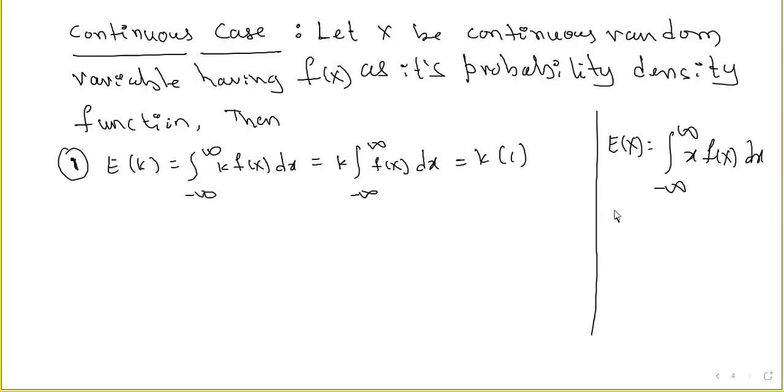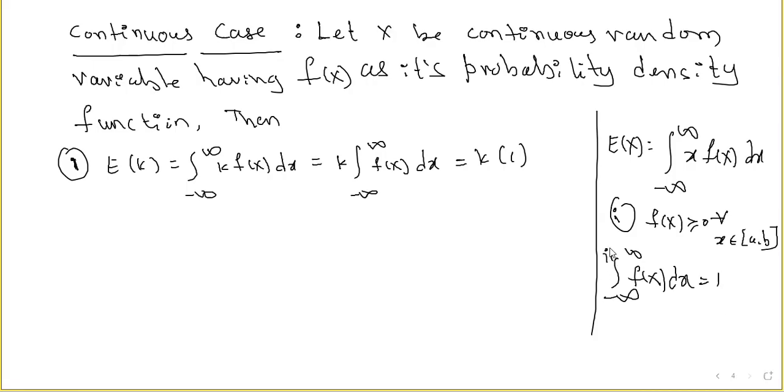The first property: f of x should be greater than or equal to 0 for all x belongs to the closed interval a comma b. Second property: integration minus infinity to infinity f of x dx should be 1. So here k into 1, this is equal to k. Clear? I hope it's clear.